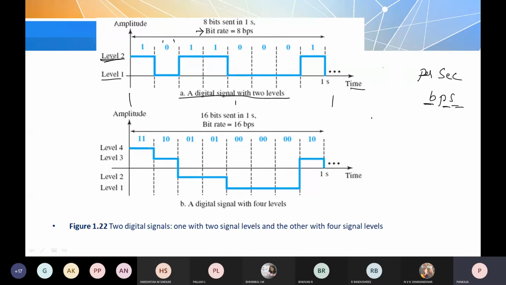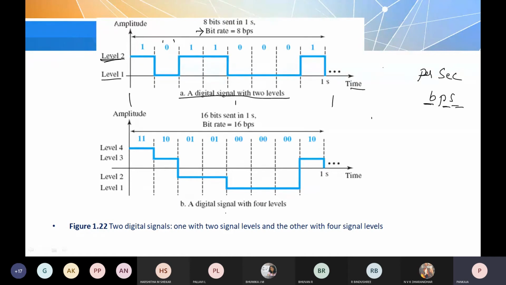So level 4 always represents the value 1 1, then level 3 is 1 0, then level 2 represents 0 1. You can just observe wherever 0 1 comes, it comes like this. Then if it is 0 0, it is represented with level 1.